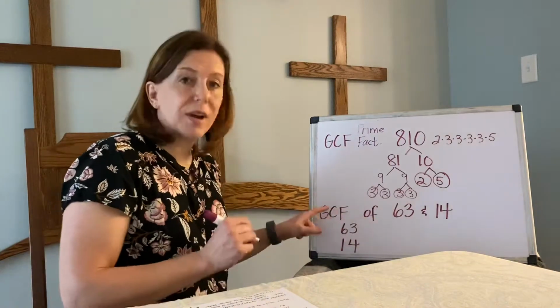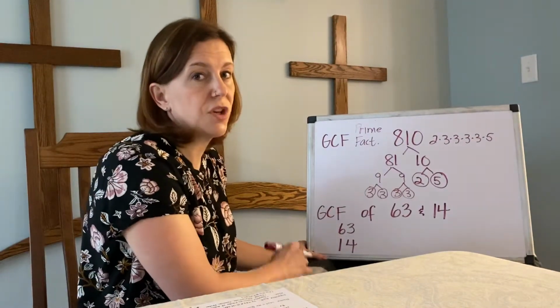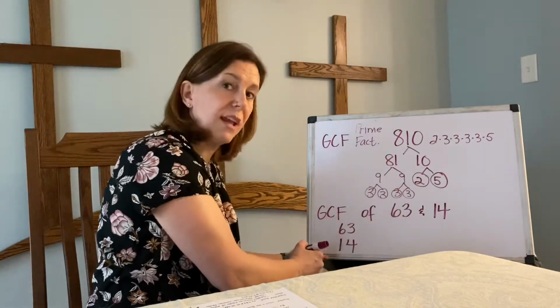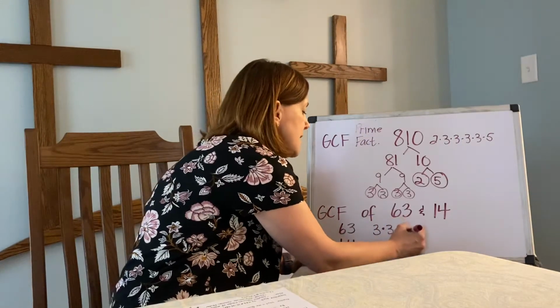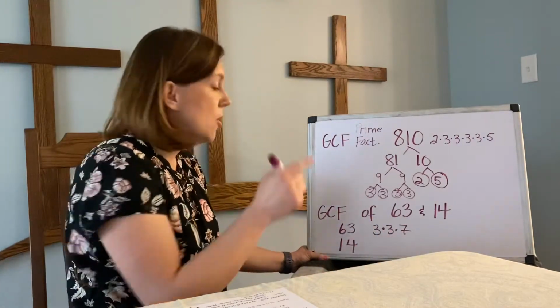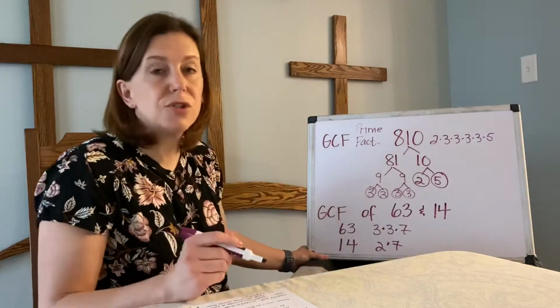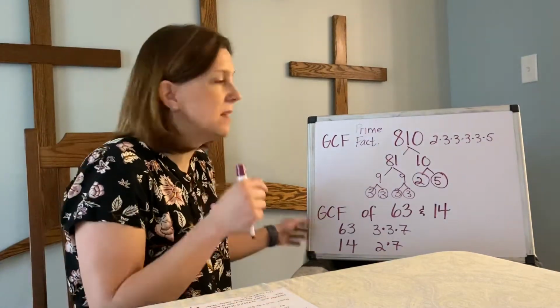If I need to find the greatest common factor of these two numbers, I'm going to list the prime factorization of both of them. Now in my head, I know that 63 is 9 times 7, so it's 3 times 3 times 7. 14, if I break that down into just prime numbers, is 2 times 7. So I look at what they have in common.